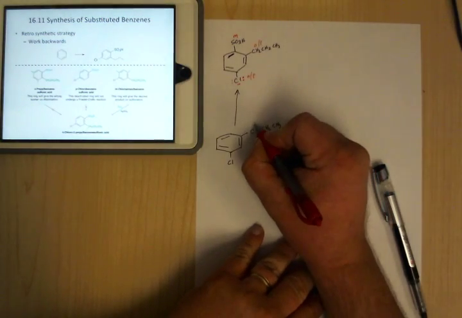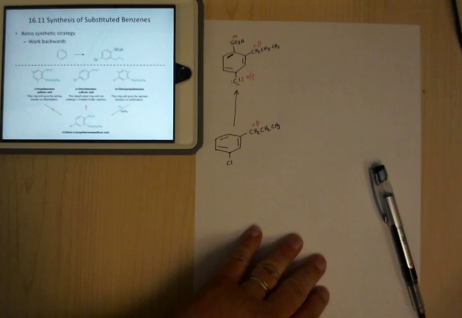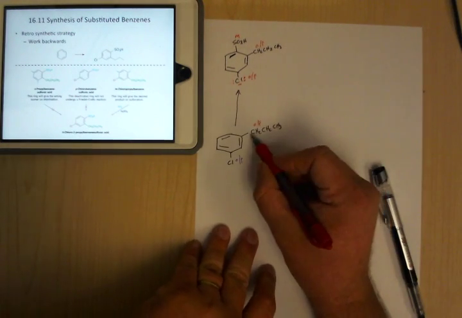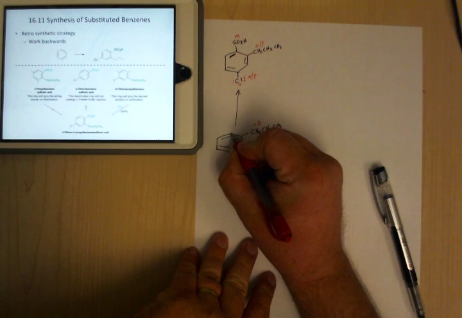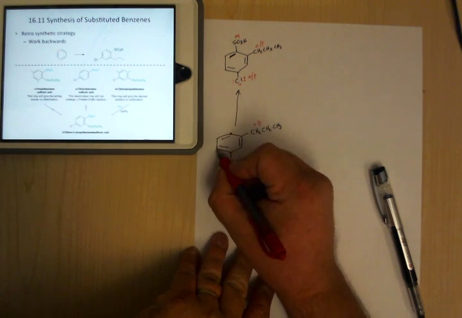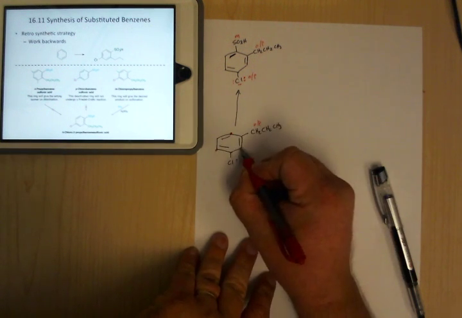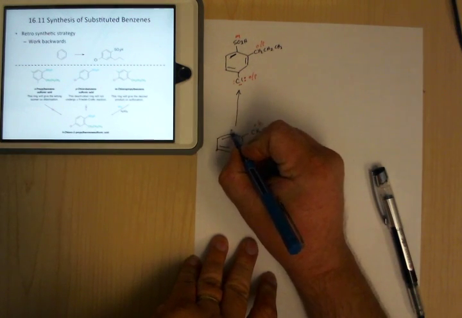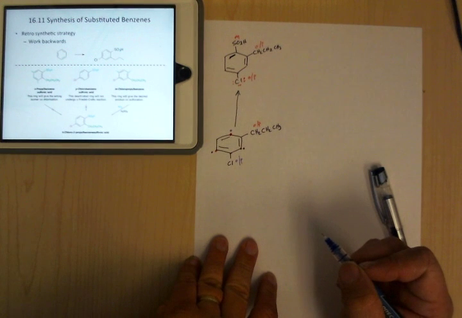Where would this one go? This one is ortho-para. Ortho-para to this, there and there. Ooh, that's good. What about this guy? Here, here, and here. That's a good sign.